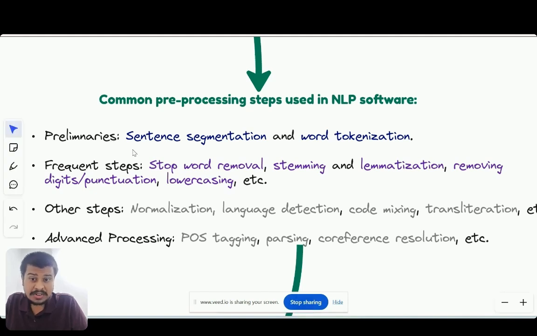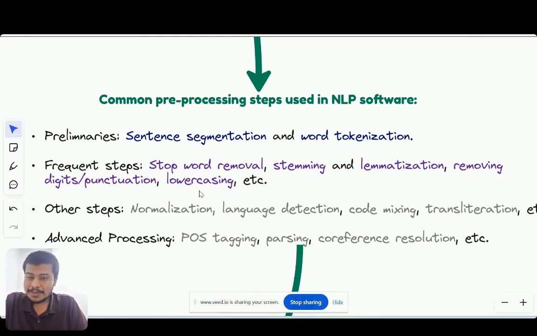We start off with sentence segmentation, and then we go with word tokenization. These are the preliminary steps, right? And then we have the frequent steps. All of these techniques which are frequently done in an NLP system for pre-processing are called frequent steps. Literally, that is the meaning.